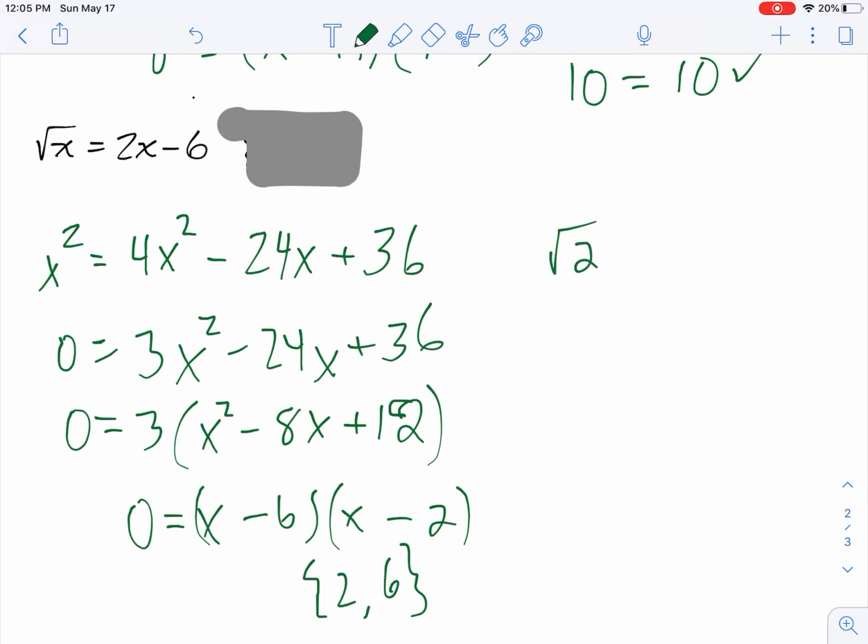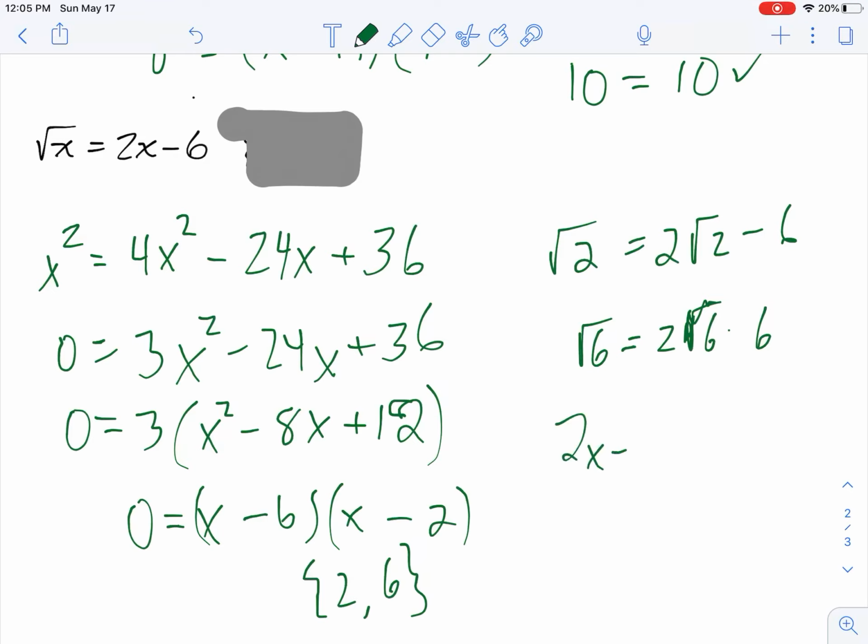Is the square root of 2 equal to 2 times 2 minus 6? No. Is the square root of 6 equal to 2 times 6 minus 6? No, I think I did something wrong.